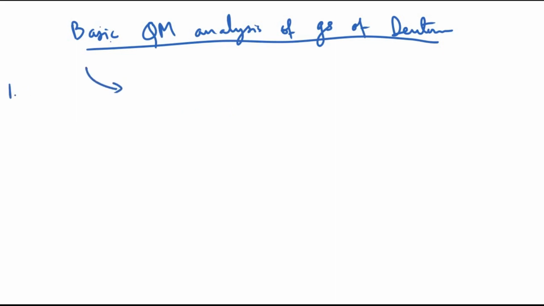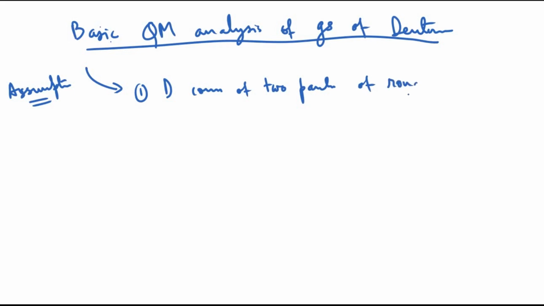Assumption number 1. The deuteron consists of two particles of roughly equal mass.